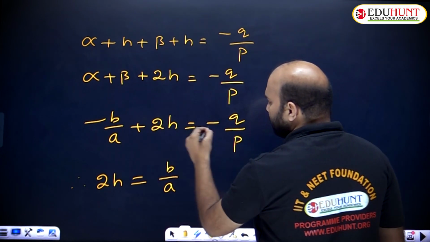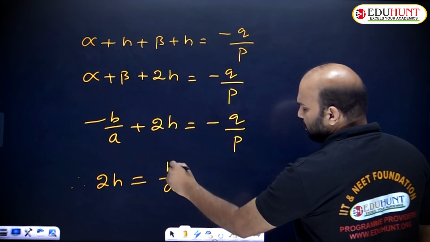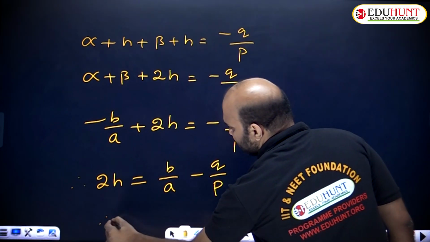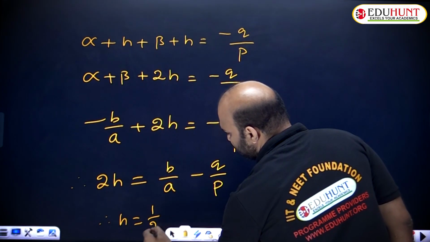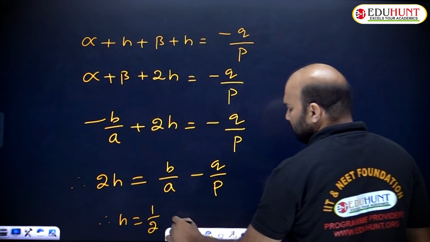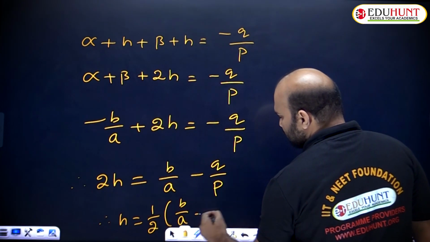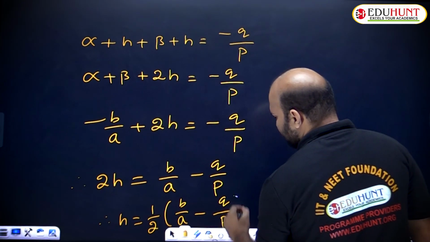So minus b by a plus 2h equals minus q by p. Minus b by a goes to the right side, becoming positive b by a, so 2h equals b by a minus q by p. Therefore h can be written as half into b by a minus q by p, since 2 goes to the right side as a division by 2. This is the required answer.